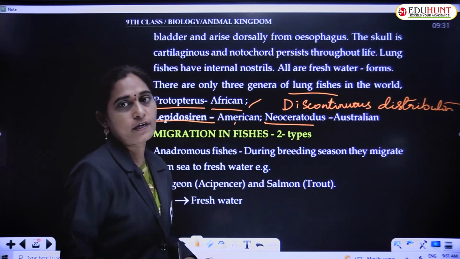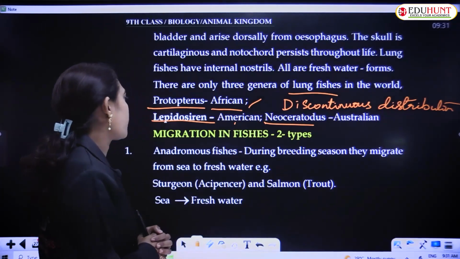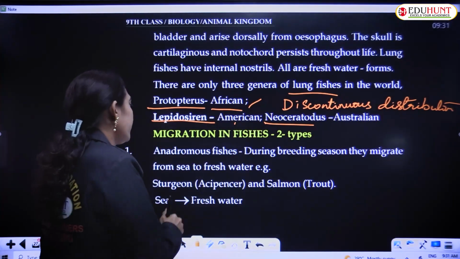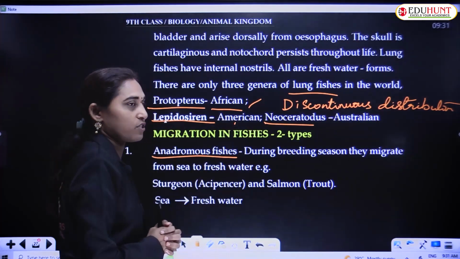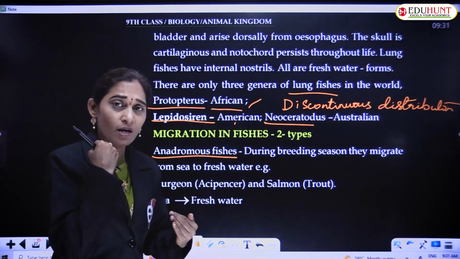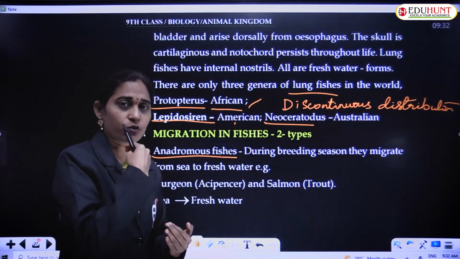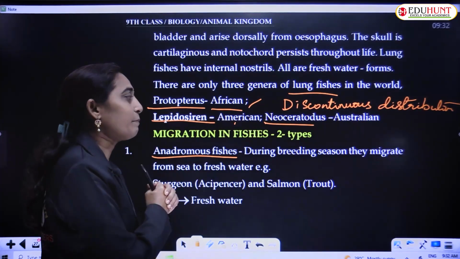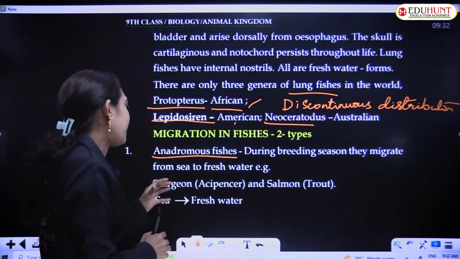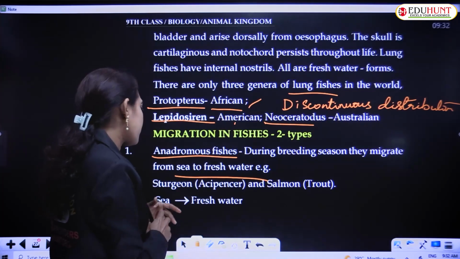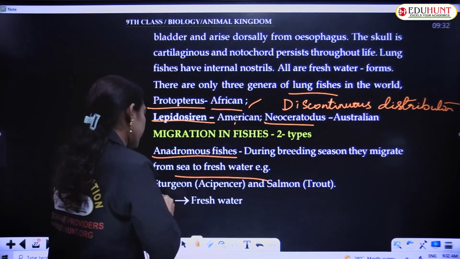They were distributed in different continents. And migration of fish is of two types. One is anadromous fish. During breeding season, why do they migrate from one kind of water to another? Because of breeding purpose. During breeding season, they migrate from sea to freshwater, that is marine water to freshwater.